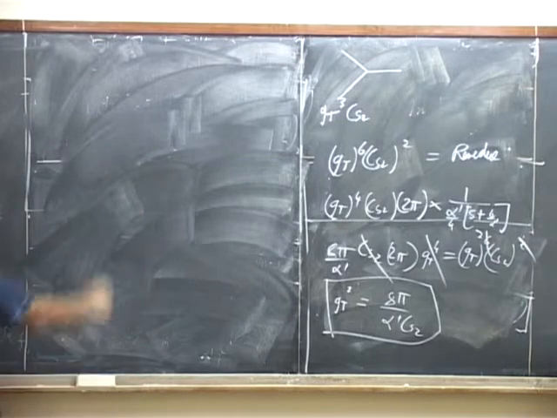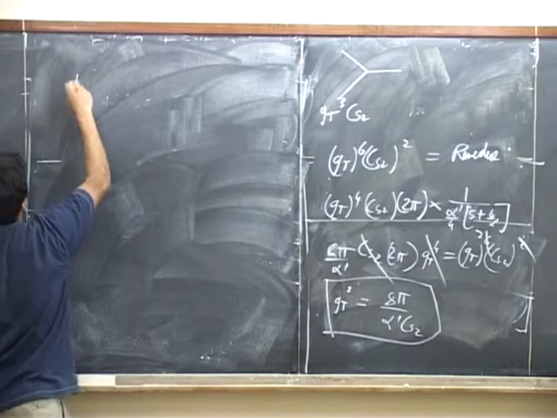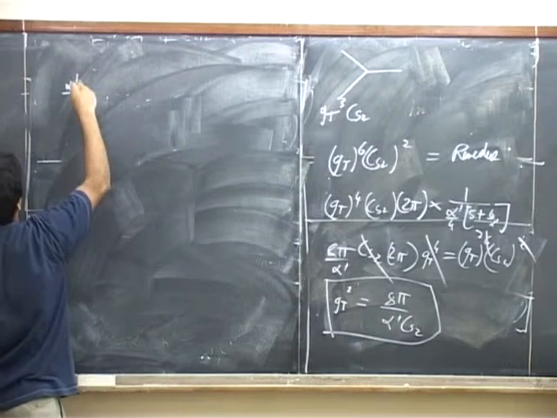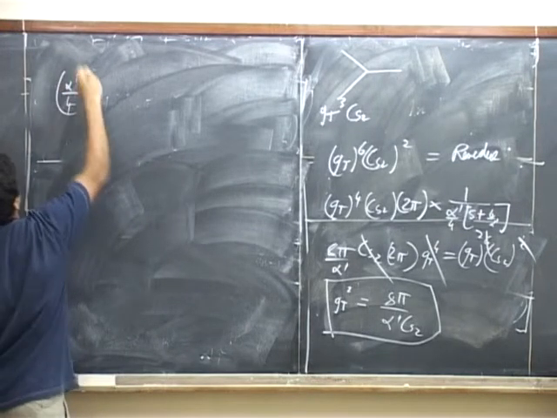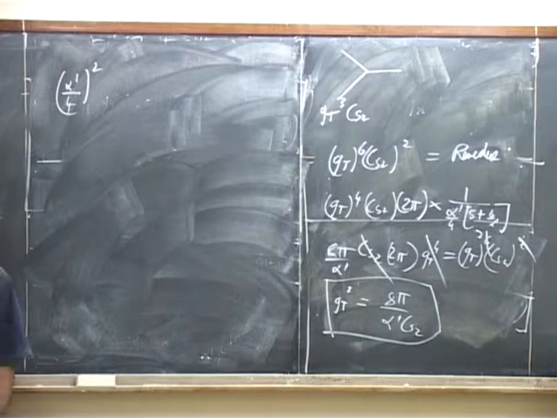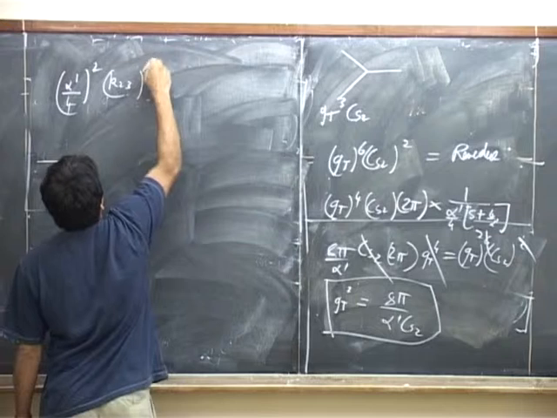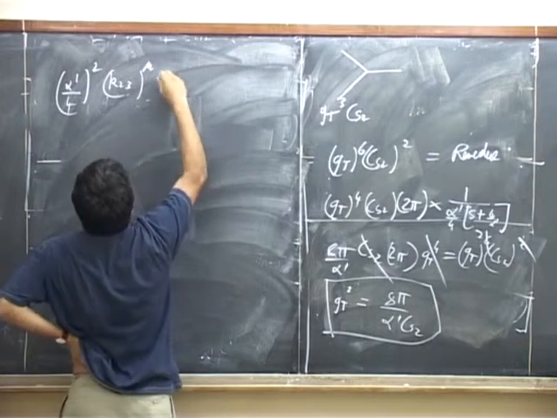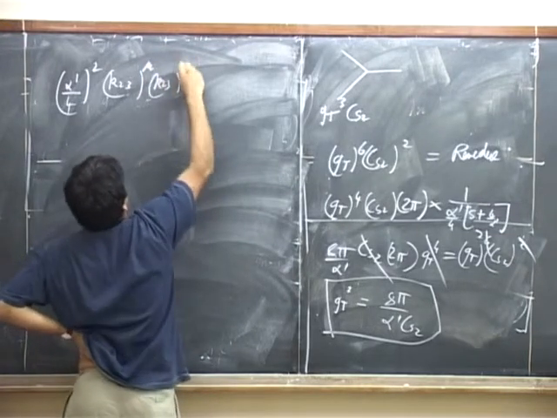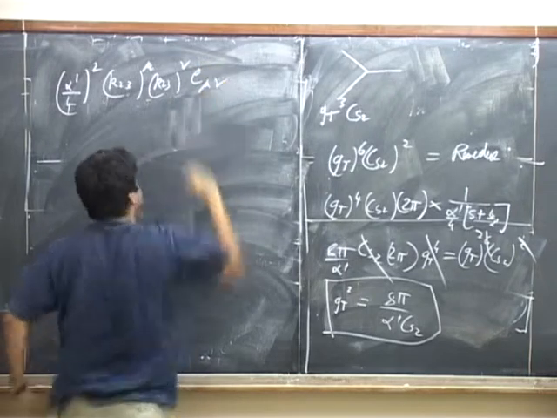If you remember from last time, we had an alpha prime by 4, the whole thing squared, times k23 mu e mu.